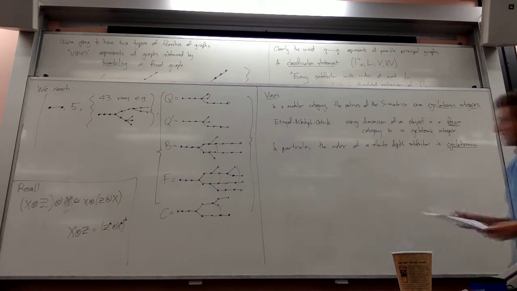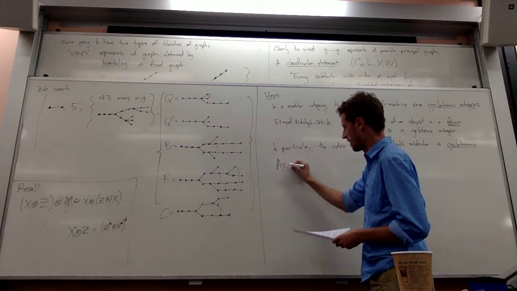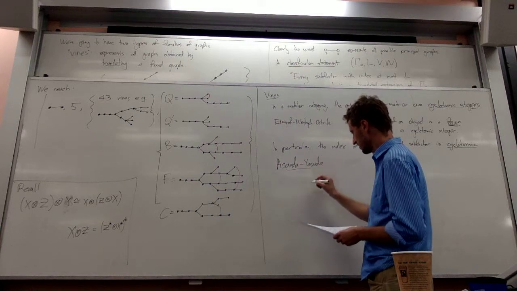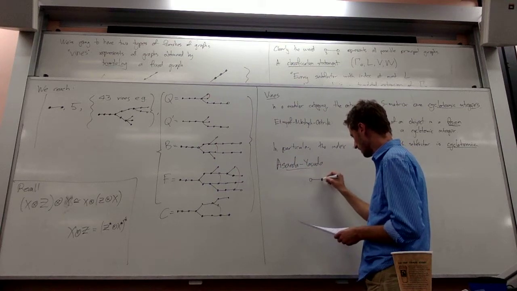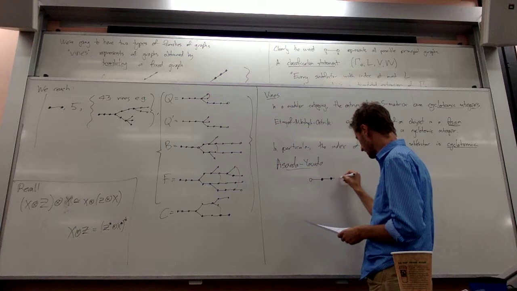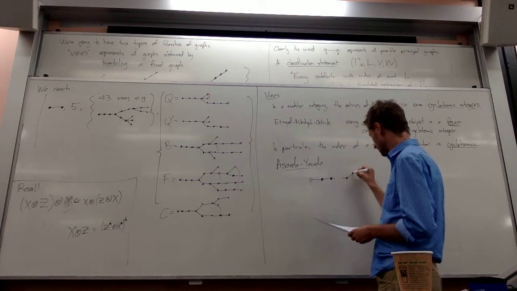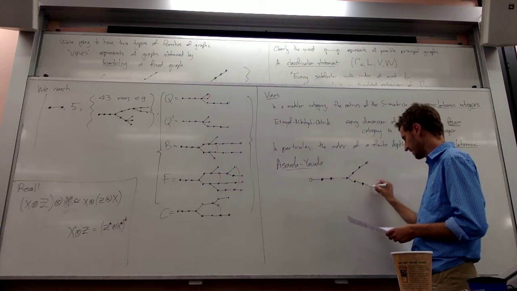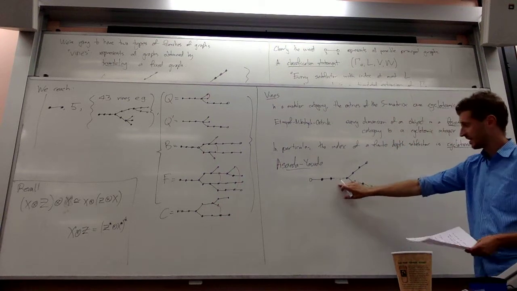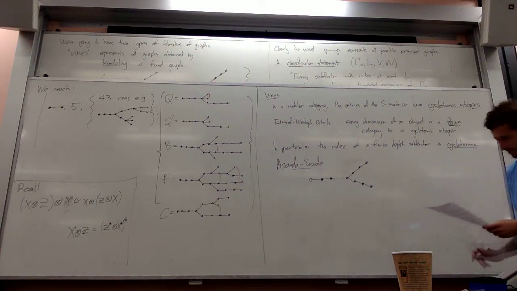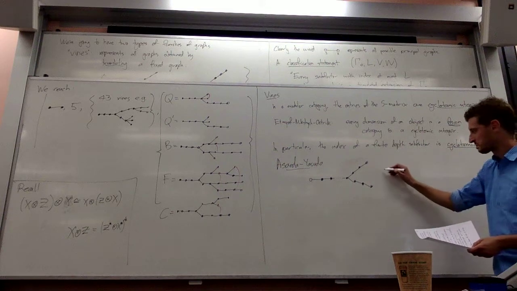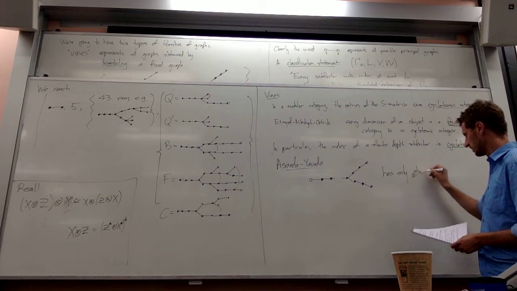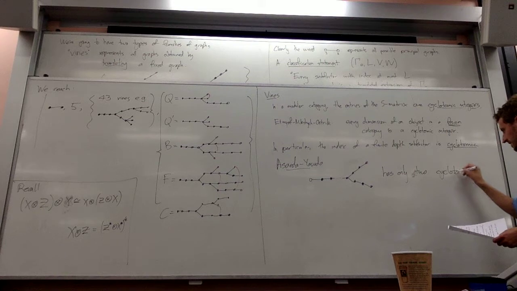So the first thing that got done here is Asaeda and Yasuda showed that for one particular vine, this one that the Haagerup subfactor and the extended Haagerup subfactor came from, so some arbitrary length chain and then two arms of three edges, has only two cyclotomic translations.